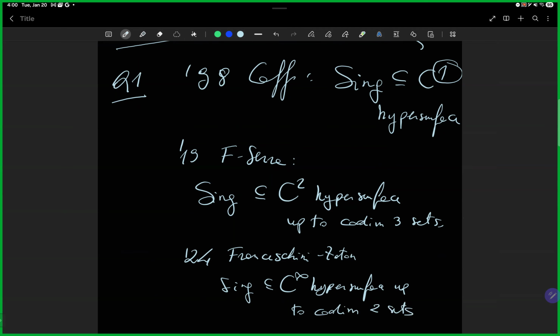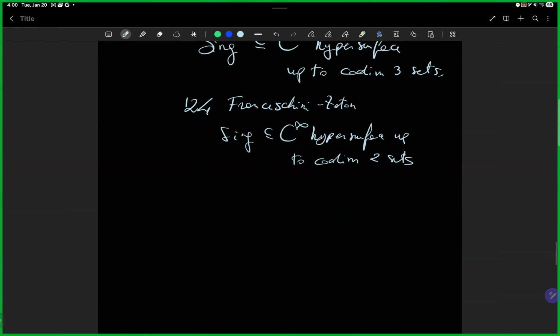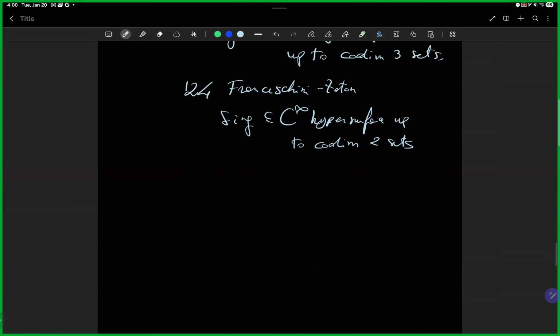So if you want to get very high regularity, you need to throw away a bit of stuff. But once you're happy to throw away lower dimensional sets, you get a lot of regularity on the singular set. So these cusps align very smoothly. This is a very satisfactory picture, I would say, about the singular set.